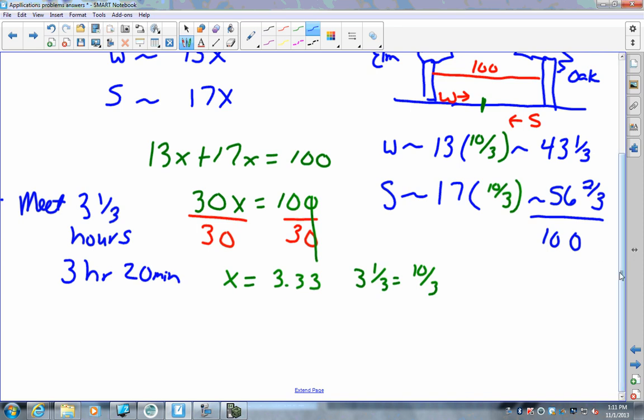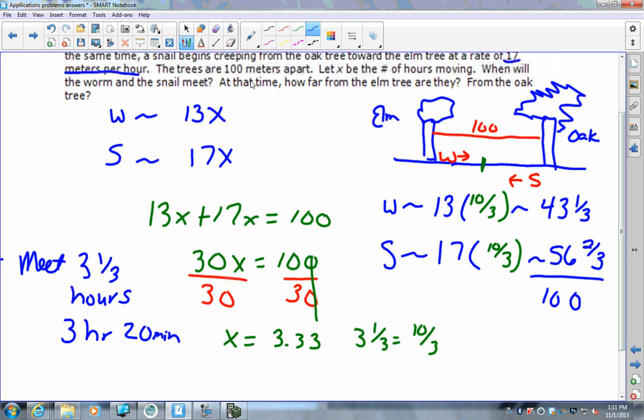The next part of the question asks, at that time, how far from the elm tree are they? Well, the worm is coming from the elm tree, and they are 43 1/3 meters from the elm tree.